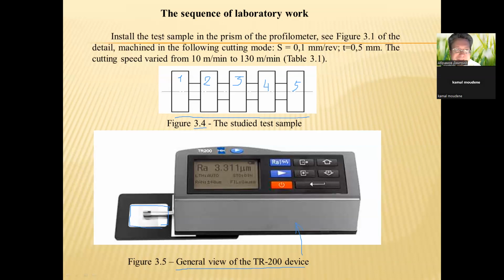The sample machined in the following cutting mode. Feed S is equal 0.1 millimeter per revolution. Cutting depth T is equal 0.5 millimeters, and cutting speed varied from 10 to 130 meters per minute.